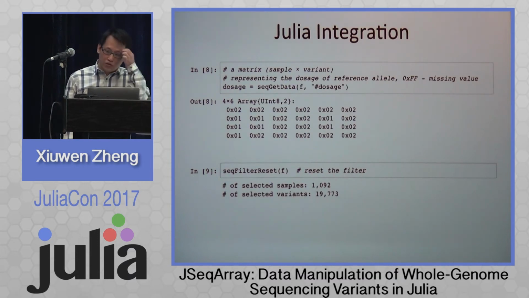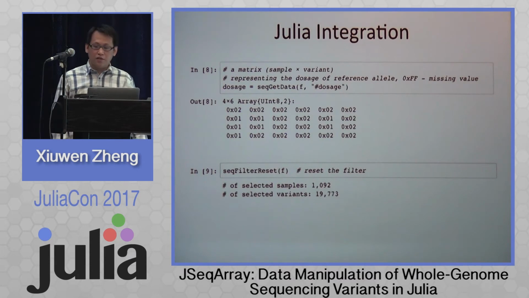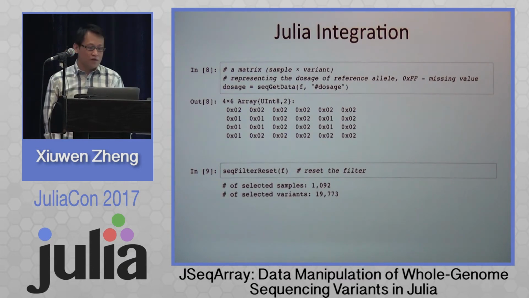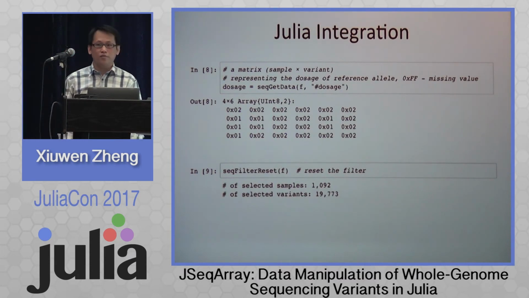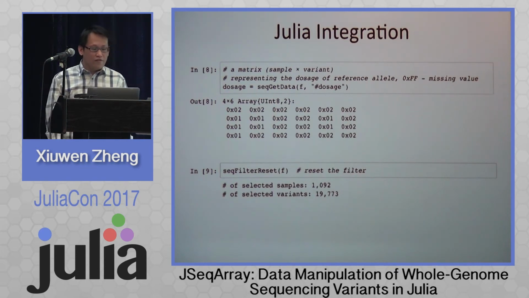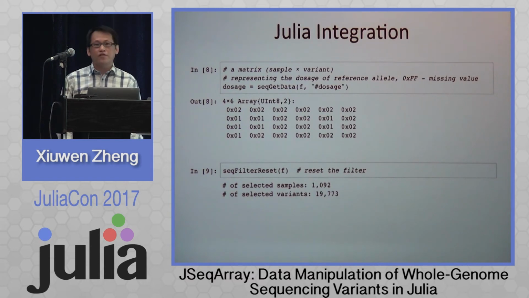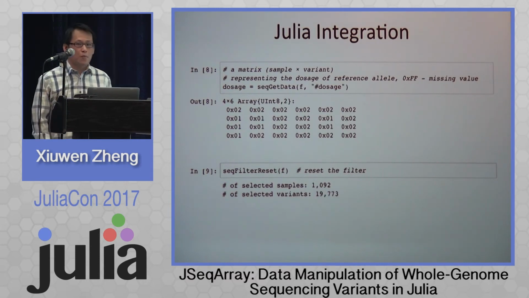For example, the number 2 in the matrix indicates there are 2 copies of reference allele at a site of the human genome. The pound sign in the variable name indicates that this variable is not actually stored in the file, but is calculated from other variables. Next, we can call seqResetFilter to remove any filter on the data set.